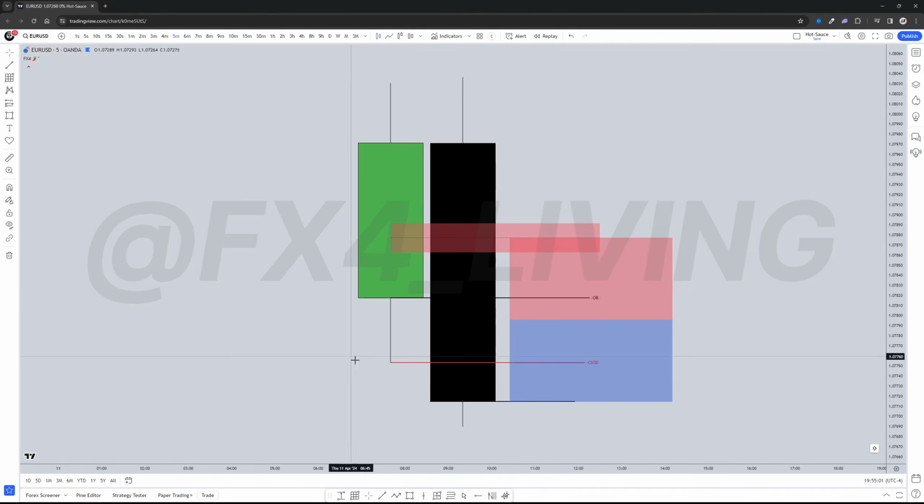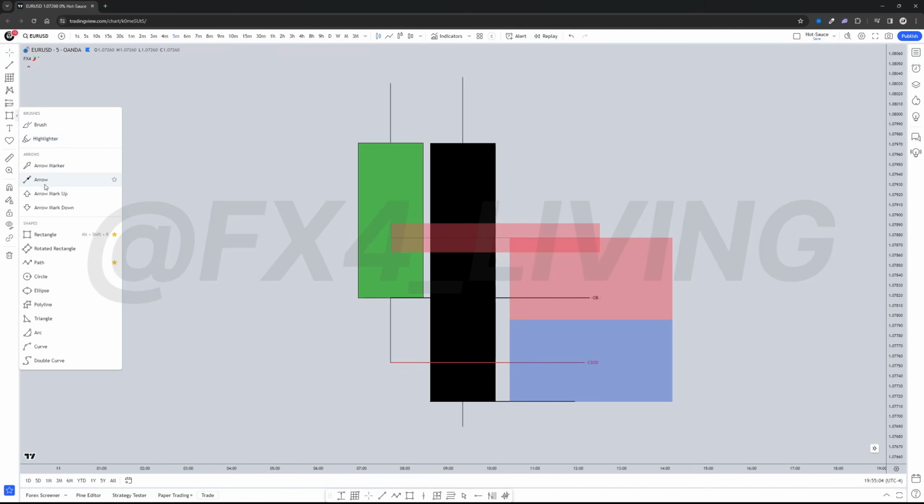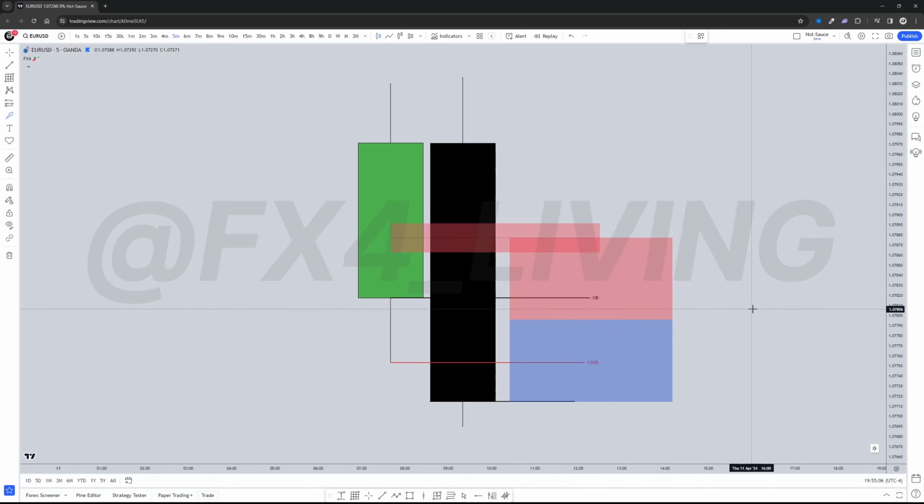Okay, so if you have inefficiencies, and you know what I mean by inefficiencies, I'm talking about SIBIs and BISIs, depending if it's bullish or bearish. But basically, maybe you're going to get a raid from that previous candle right there, activating a little bit more sell side. But if you can buy below the opening price, that's even better. Okay. But at the same time, it's a little bit more risky.